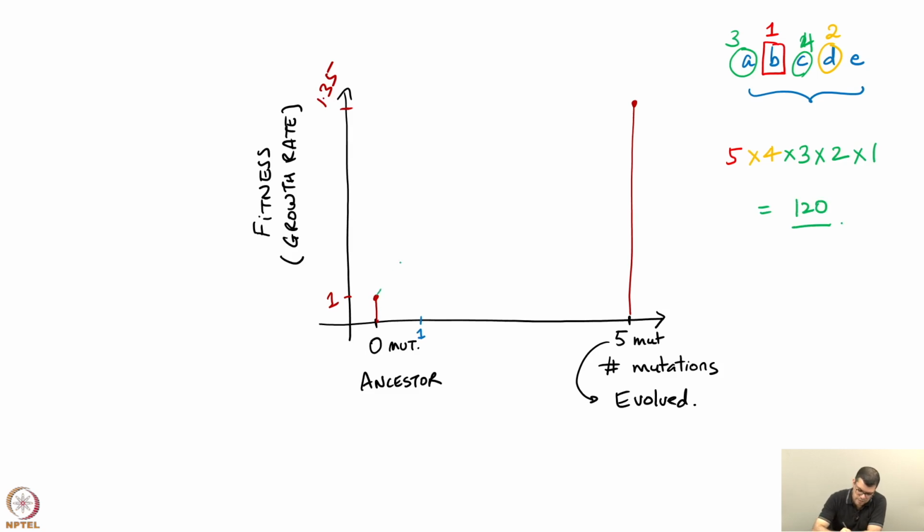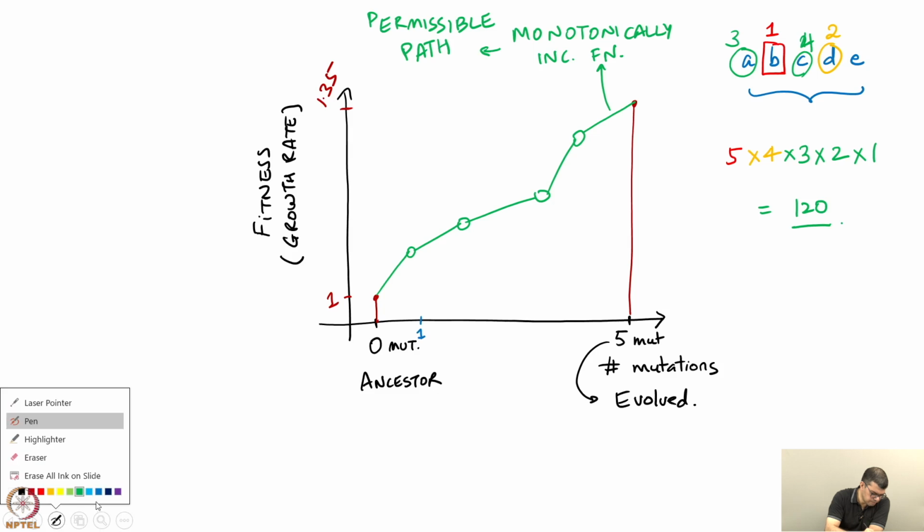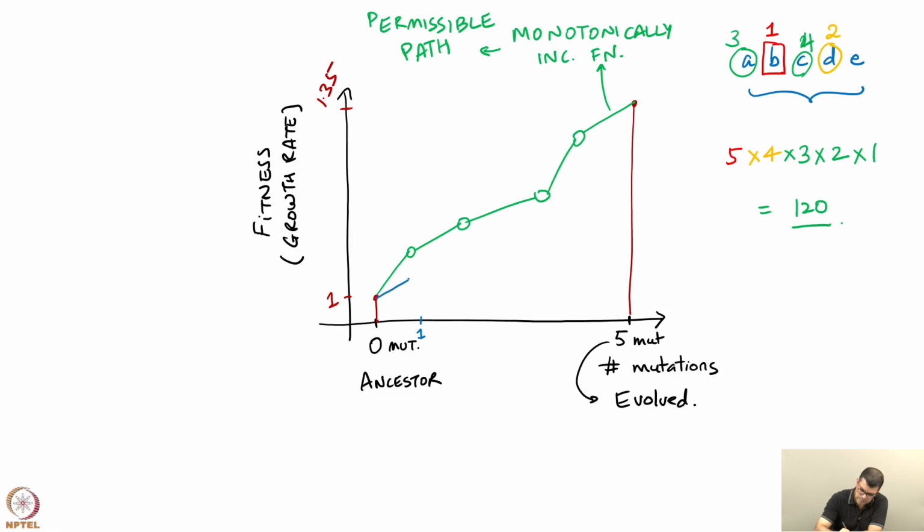And again, if a path is monotonically increasing, 2 mutations, 3 mutations, 4 and 5, then this type of path is a monotonically increasing function, and it is called a permissible path in a Darwinian sense. On the other hand, I could also have paths which look like this.